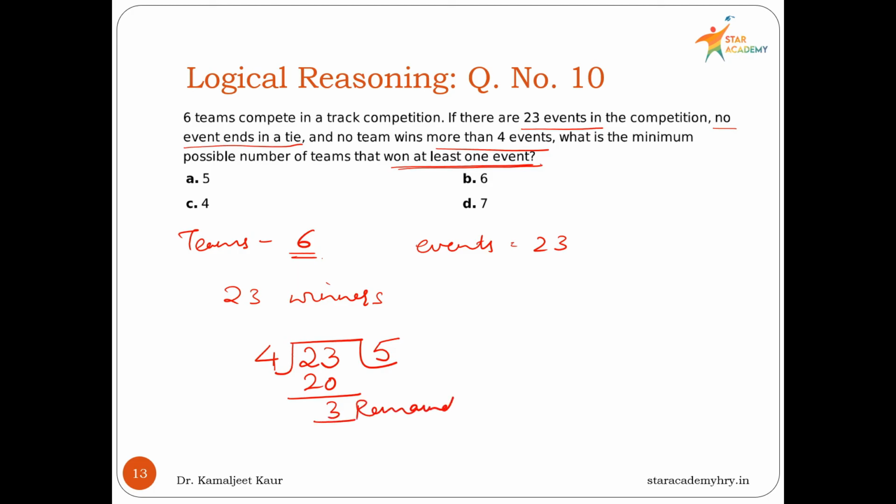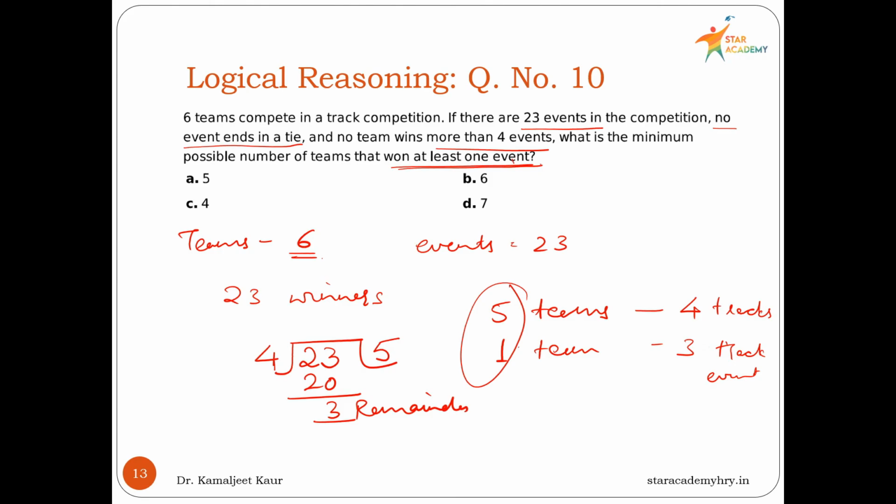What does it mean? That 5 teams have won 4 track events, and the last team has won 3 track events. So there is no team which has not won any track event. That means all the 6 teams have won at least one event. So here B is the right answer.